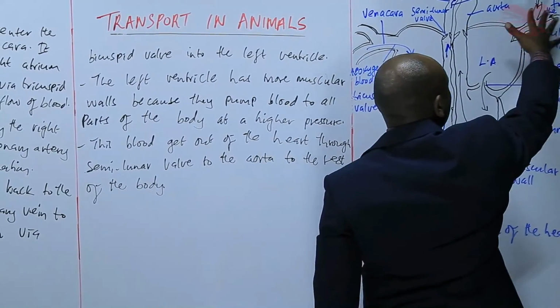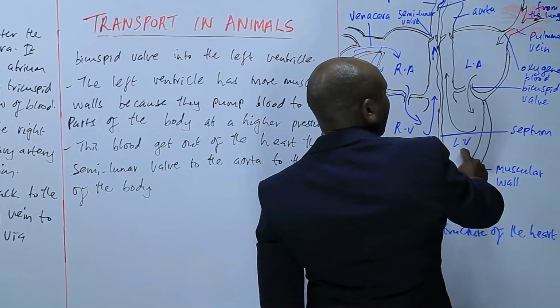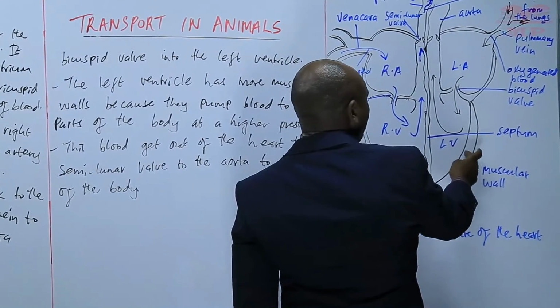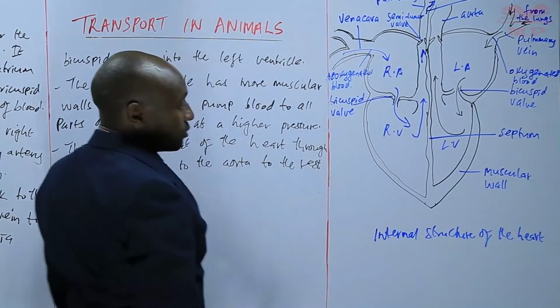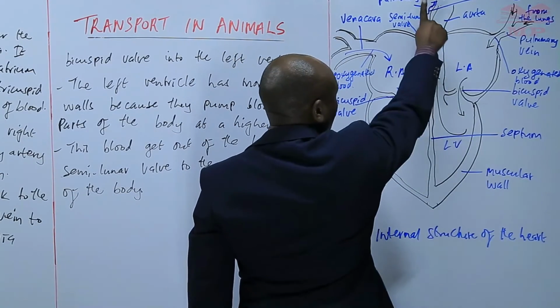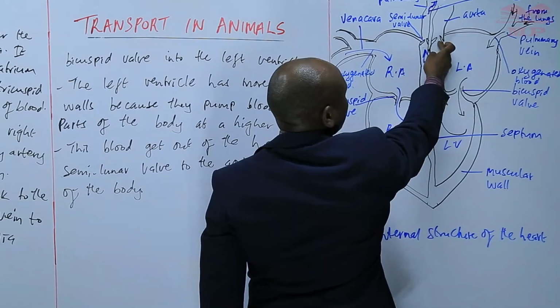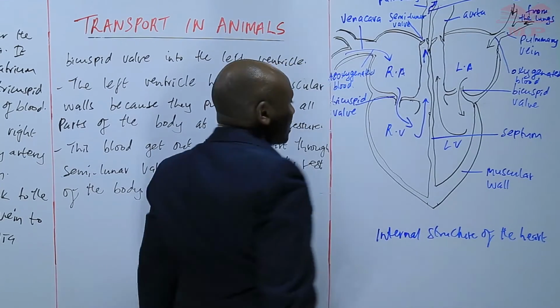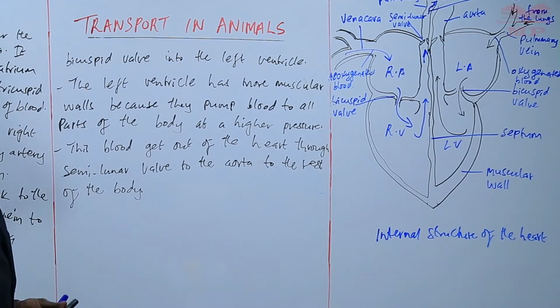This side is now oxygenated. The left ventricle, which is more muscular than the right ventricle, pumps the blood to all body parts through the semilunar valves and finally the aorta.